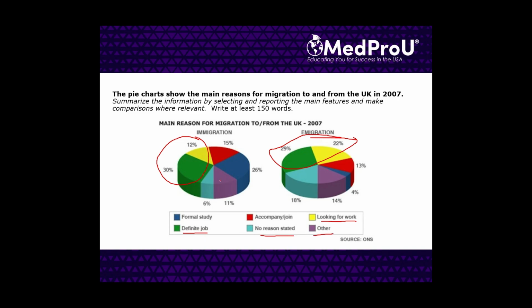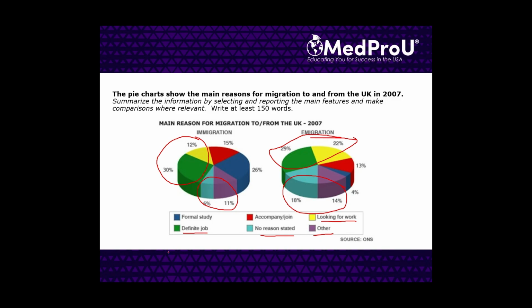So as you can see, what is the main reason for migration? It starts with letter E. Job, looking for work, definite job. It's employment. That's correct. So that will be our overview.